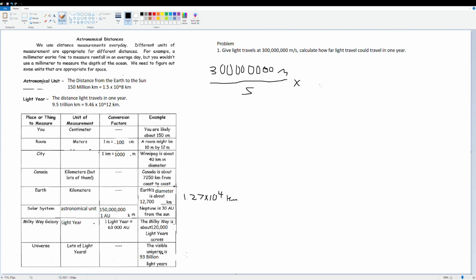So first, how many seconds are in a minute? Well, there's 60 seconds in 1 minute. How many minutes are in an hour? Well, of course there are 60 minutes per hour.